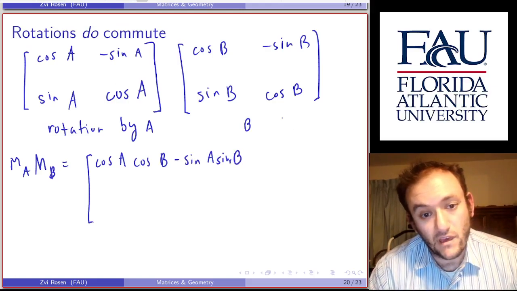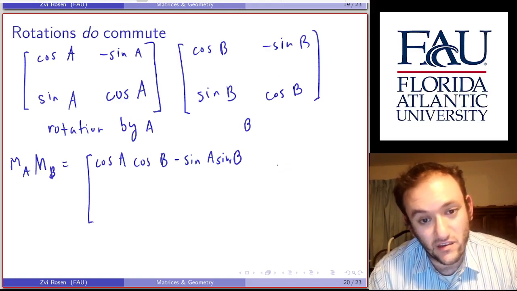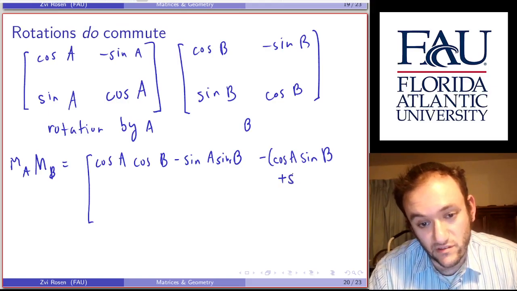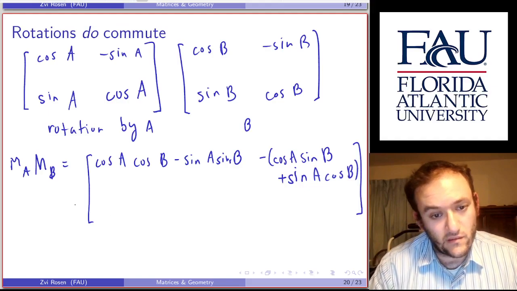Okay. The next one is cosine A times minus sine B. So it's minus cos A sine B plus negative of sine A cosine B. So it's also, this goes inside of the parentheses, sine A cosine B. Okay.